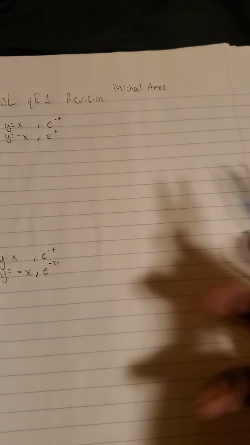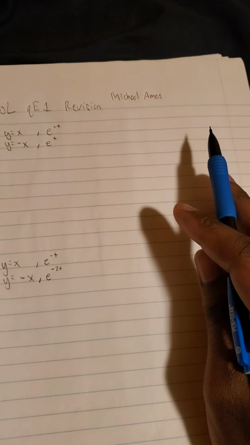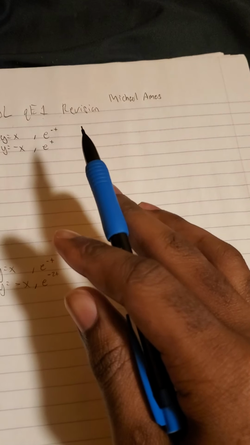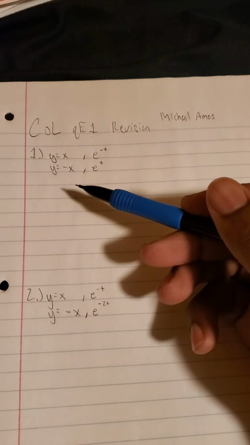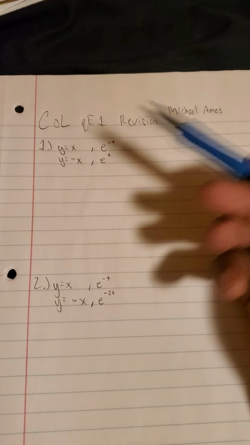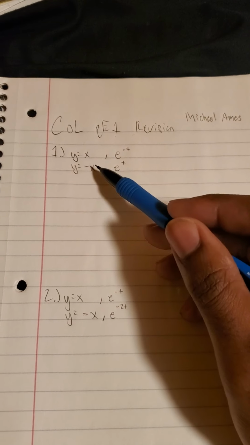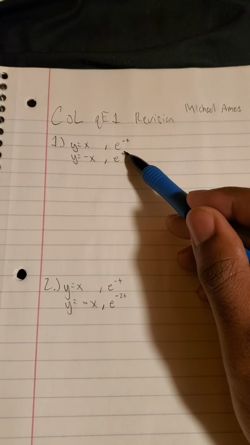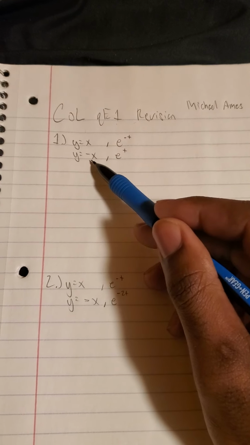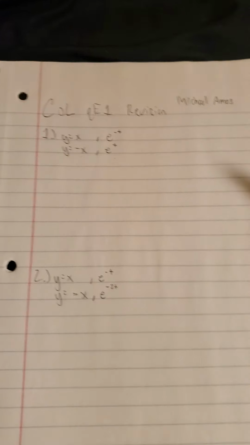So for this quiz, we were tasked to draw up the sketch phase planes for two different situations. The first being y equals x with corresponding e to negative t, and y equals negative x with corresponding e to t.